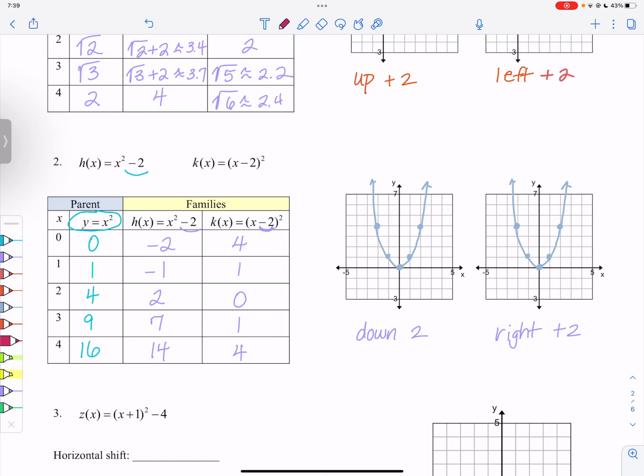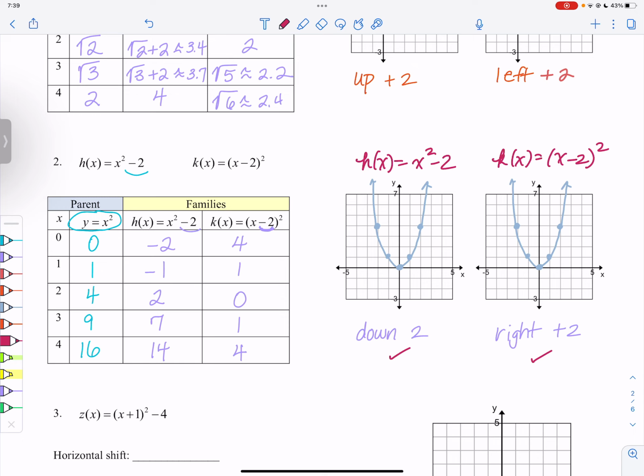So here we have h of x is equal to x squared minus 2. That took us down 2. And then we have k of x is equal to x minus 2 all squared. And that will shift the graph to the right.